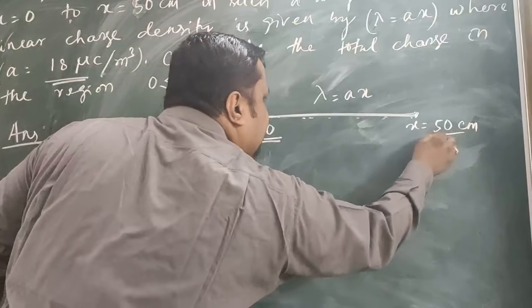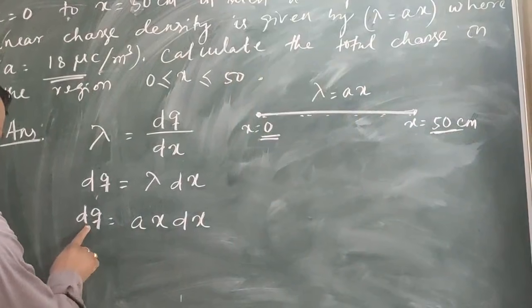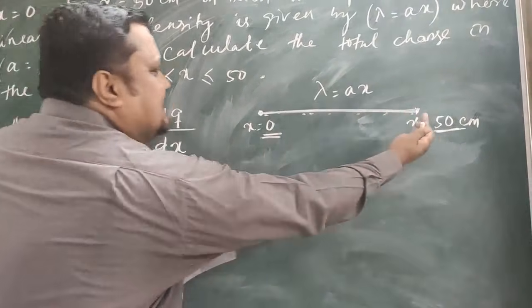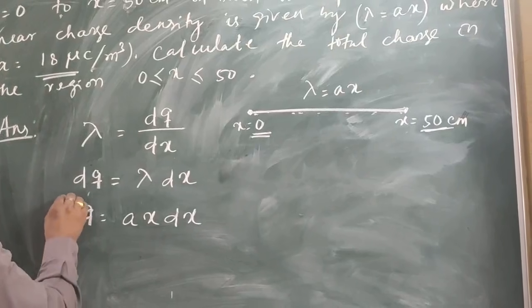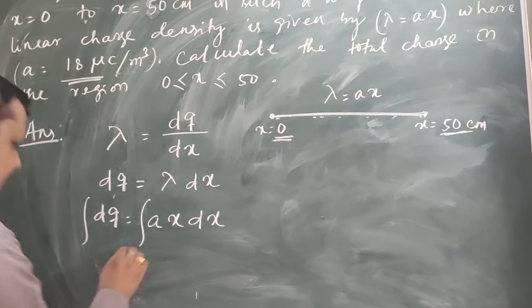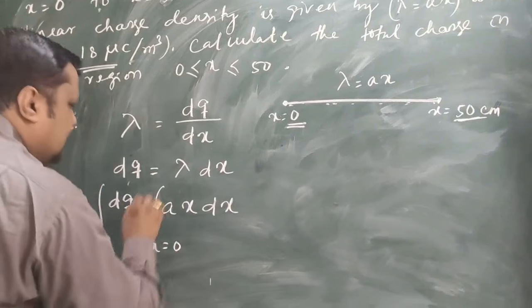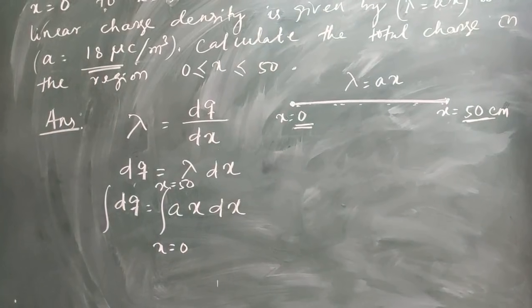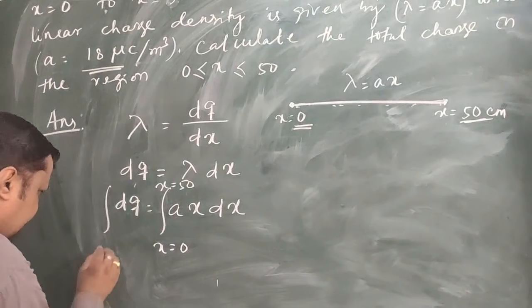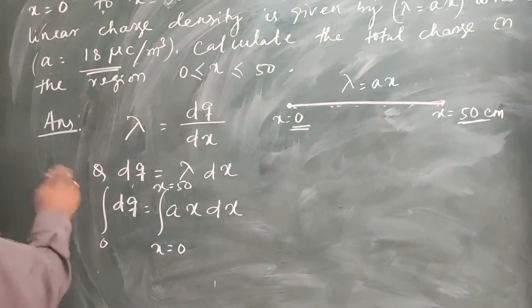From 0 to 50. So to find the net charge within this region x equal to 0 to 50, what will I do? Integrate both sides, from x equal to 0 to x equal to 50. The integration of dq from 0 to q, suppose q amount of charge.